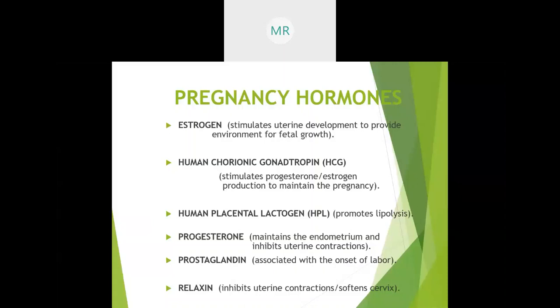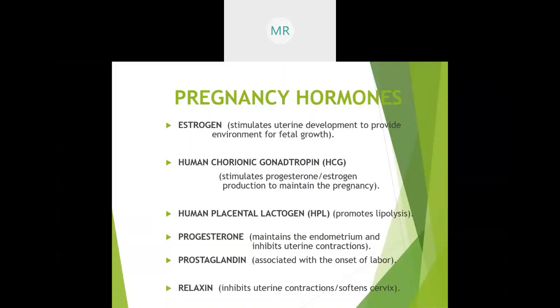The next wonderful, famous hormone, it's HPL, and this hormone of pregnancy promotes lipolysis. Okay, it stimulates the growth of the breast. Okay, so it is also HPL. It's produced by the placenta.